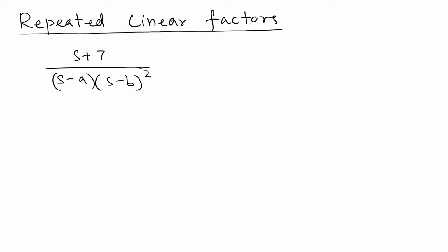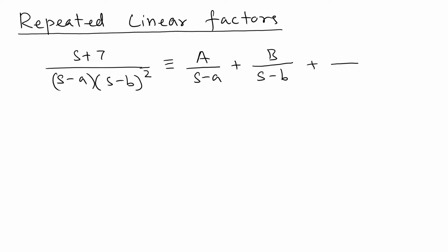If you get something like that, we know that the partial fraction has to be A over s minus a plus, now there's a question. We know that there's a term s minus b, so it should be B, because the degree of the numerator is always 1 degree less than the denominator.